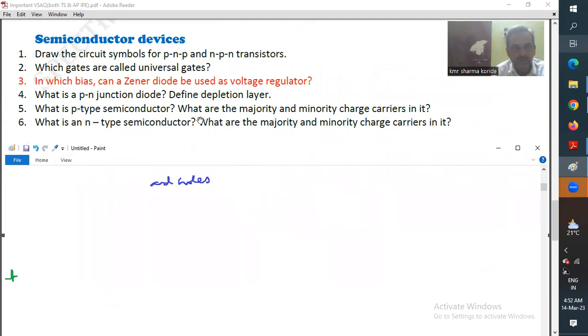What is a P-type semiconductor? What are the majority charge carriers and minority charge carriers in P-type semiconductors? Question number 5.